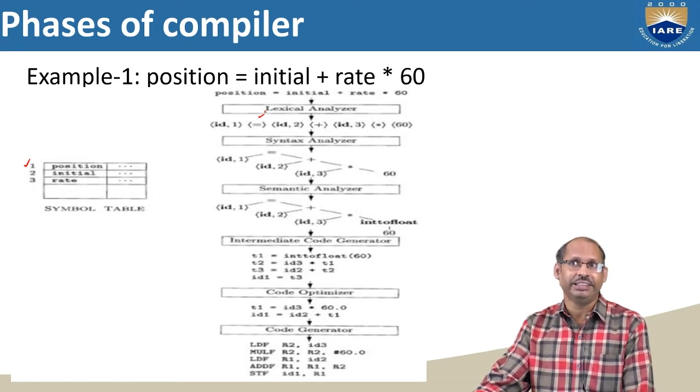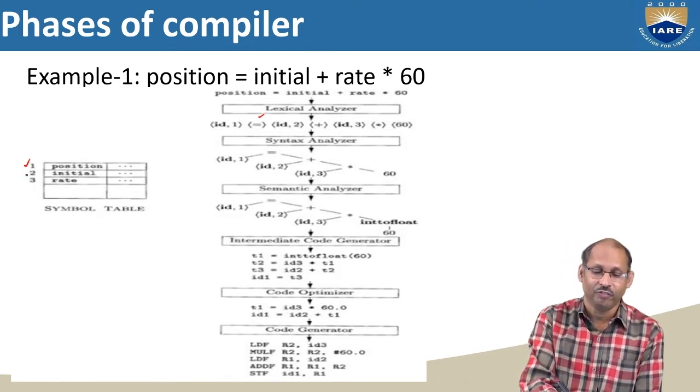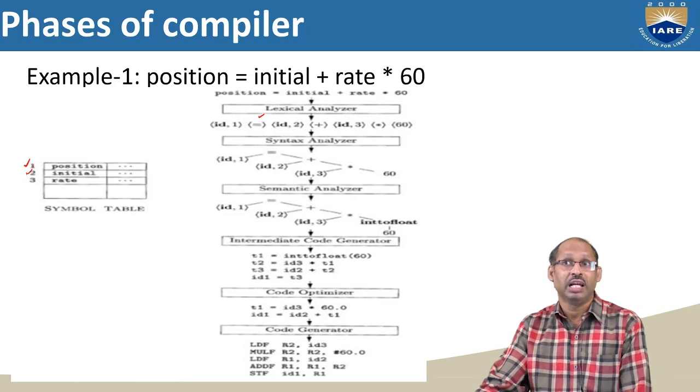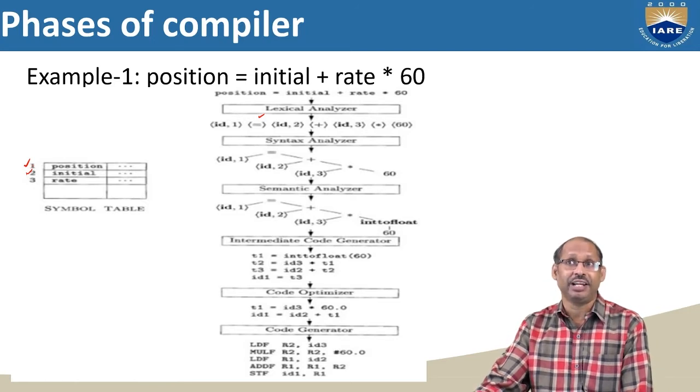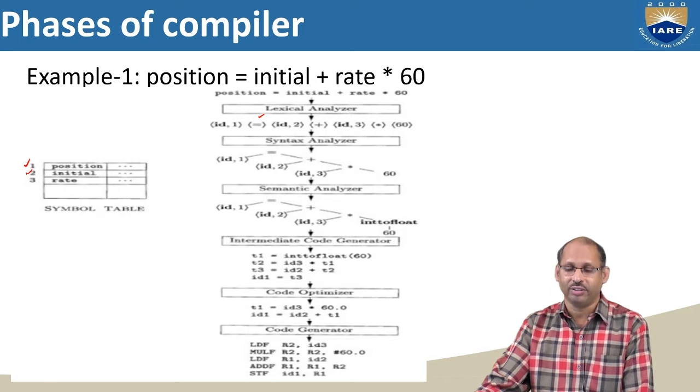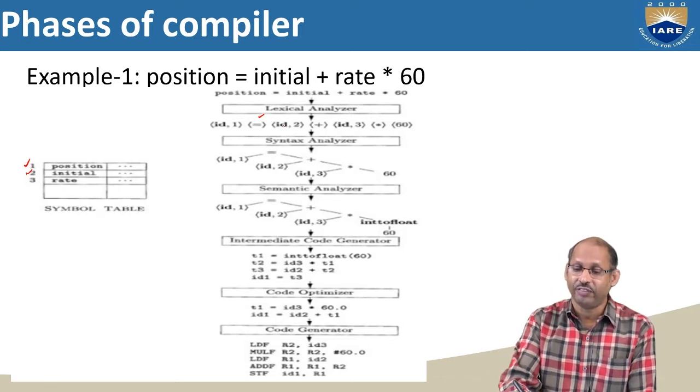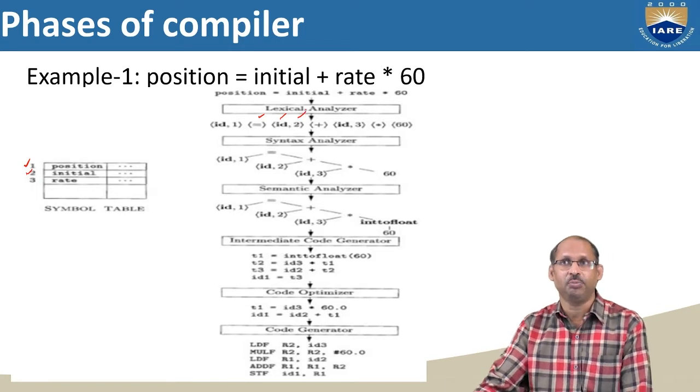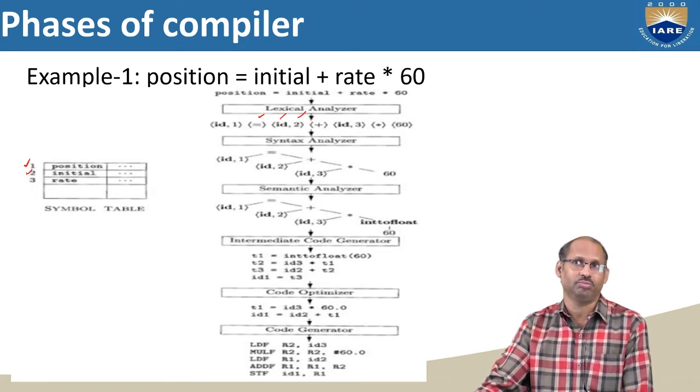This lexeme is stored in the symbol table with record number 2, and it constructs a token of identifier type with symbol table record 2.